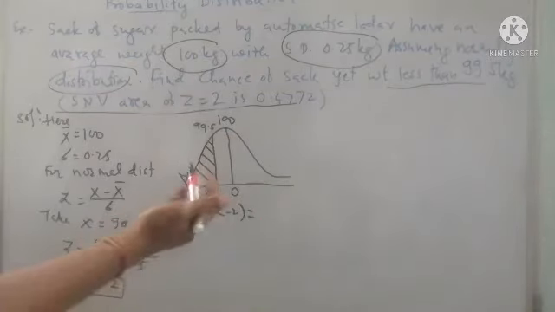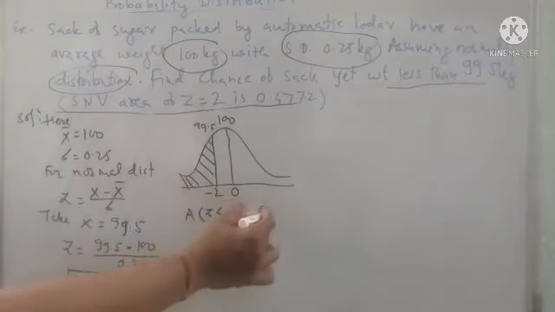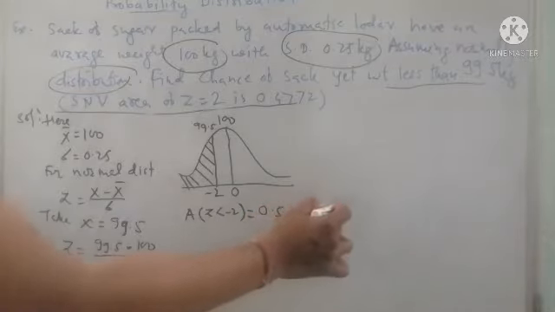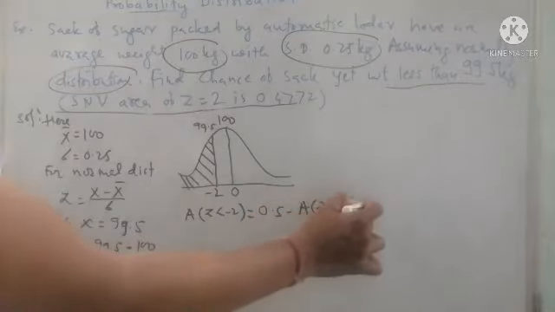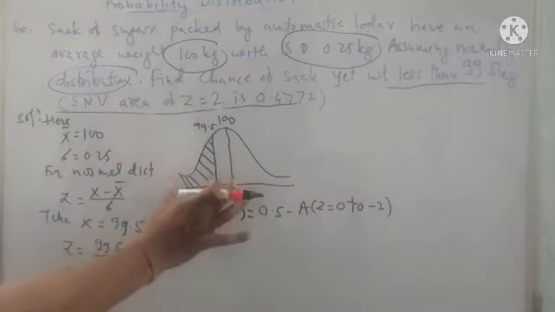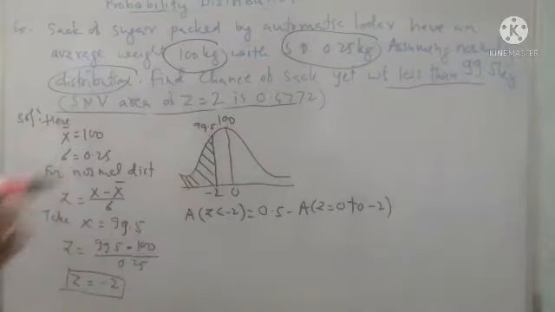So to find the shaded area, we can take 0.5 minus the area between z equal to 0 and minus 2. That means the total half area is subtracted by this area, and we get the shaded area.